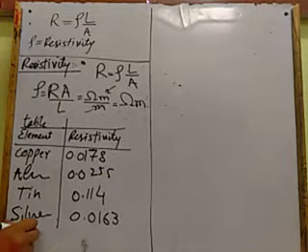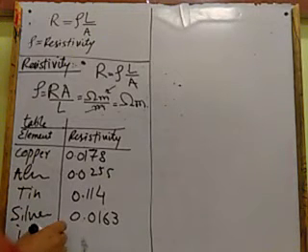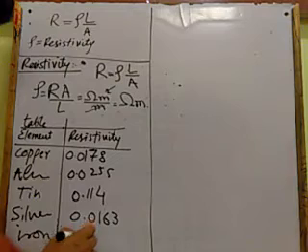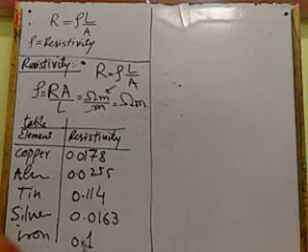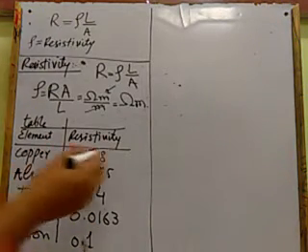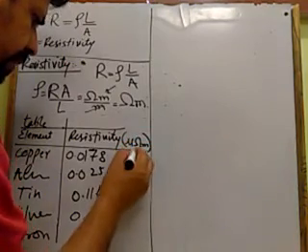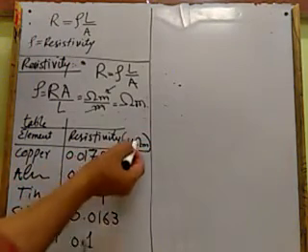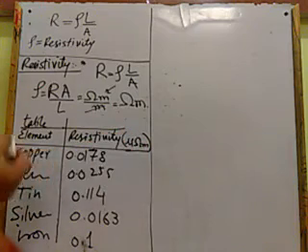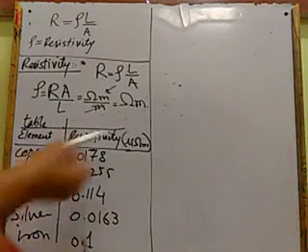Iron, 0.1. These values are given in micro ohm meter. Ohm meter is the unit of resistivity and micro is a prefix.